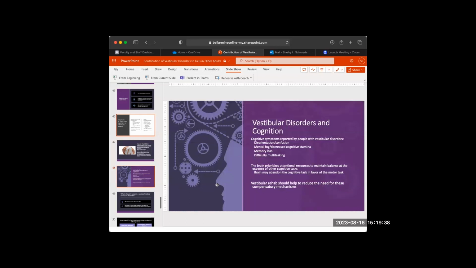They may need medications. And then vestibular disorders, even without the concussion, can influence cognition in older adults. So what might happen is the brain prioritizes the attention resources to maintain balance, because it's gotten to be more of a struggle, at the expense of cognitive tasks.